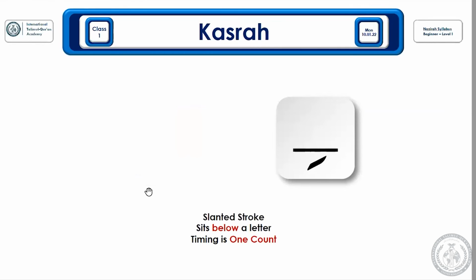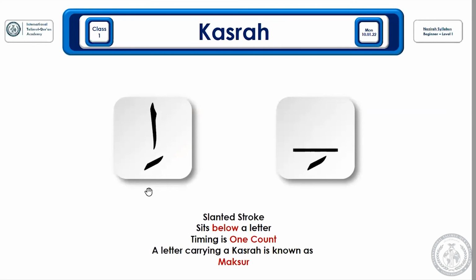Let's have a look at an example. I've got an alif over here, and underneath it there is a slanted stroke, which now I know is called a kasra. Any letter that carries a kasra is called a maksur letter. So this alif is a maksur letter because it has a kasra.